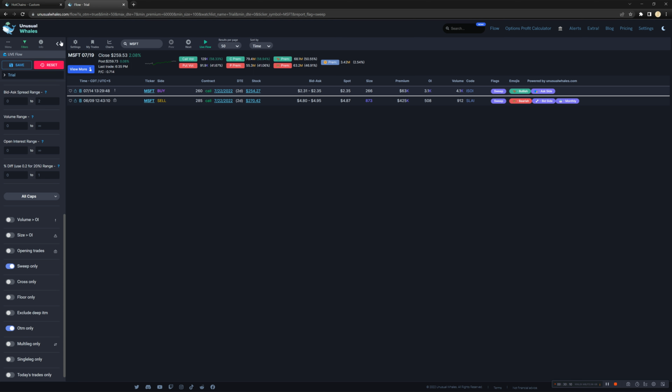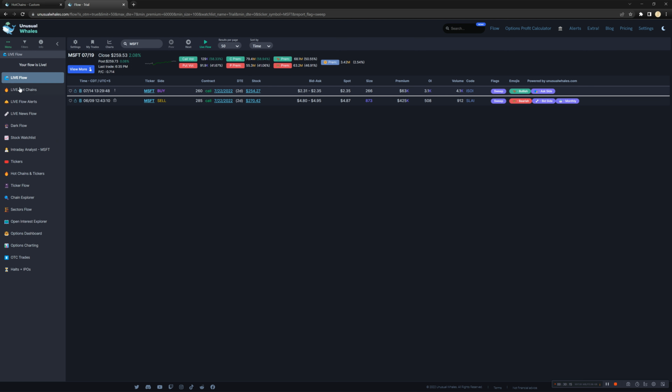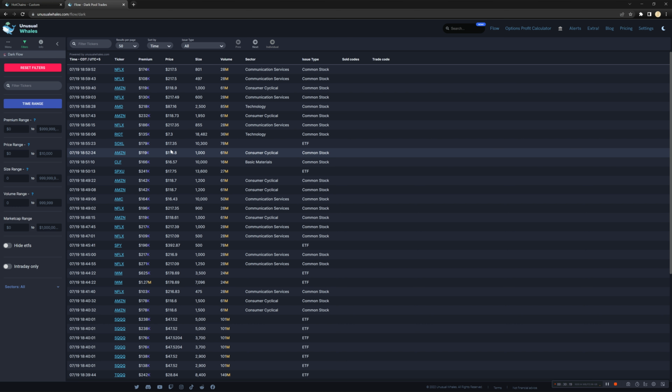But the main tool I use is LiveFlow. If I want to see what's going on, I can use Darkflow. I'll use that to see what stocks are kind of moving. Obviously, Netflix was popping off closer to after hours. So I was seeing a lot more Netflix. I looked up Netflix. I was like, okay, Netflix is moving. I want to see what Netflix is doing.